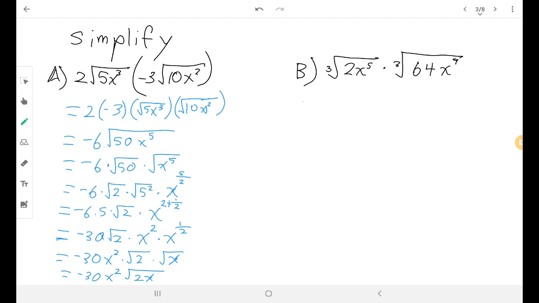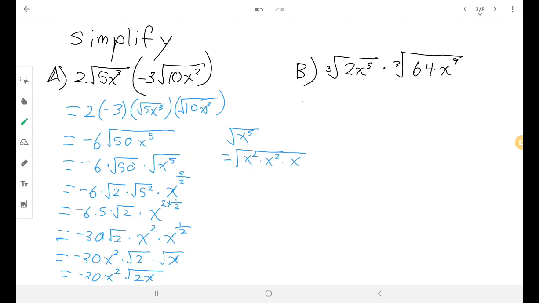Now, that's not the only way I could have done that. I could have taken care of this x to the 5th strictly inside of the square root. That would have been a decent way to go too, because I could have thought of it as many x squareds as I could get.